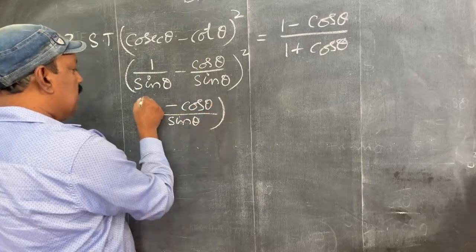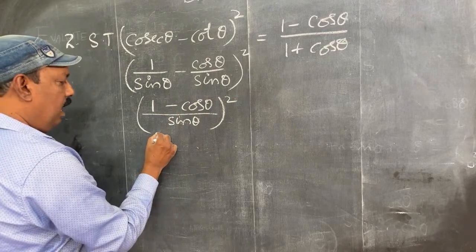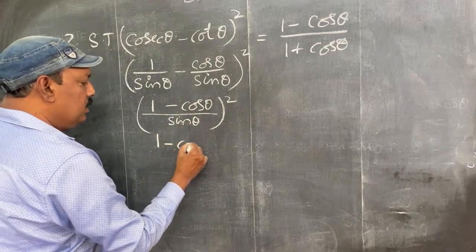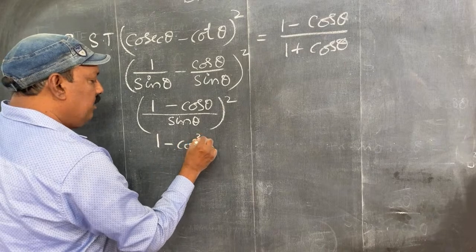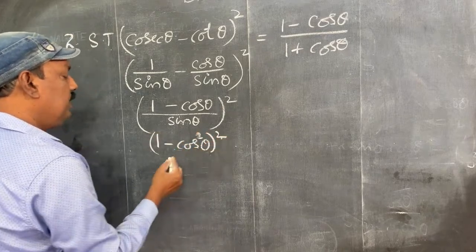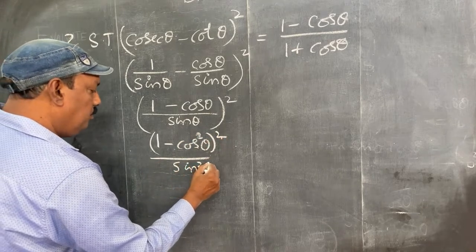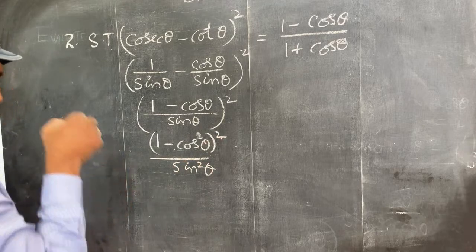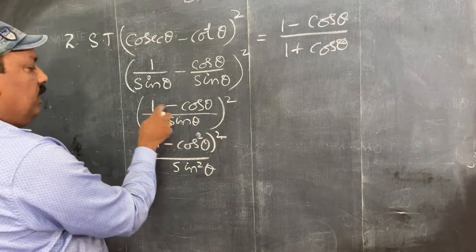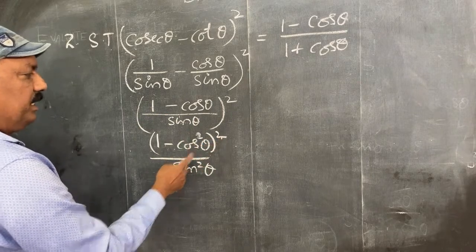So again whole square. Now next, I am separating this one: 1 minus cos theta whole square by sin square theta.